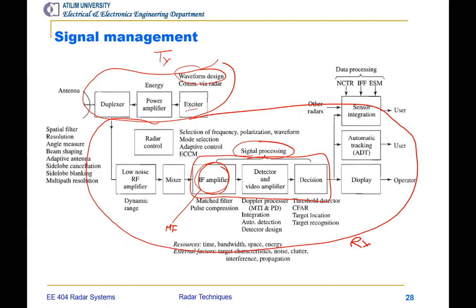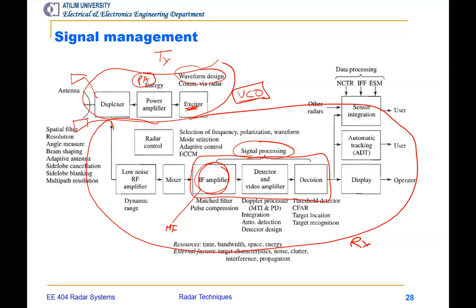And we have an exciter, simply a waveform. In our laboratory activities, you can remember a voltage controlled oscillator, for example. And then we got a power amplifier here from the laboratory, the modular radar that we have built up in the laboratory. And then the duplexer, we did not use duplexer, of course, we used two antennas, okay? One for transmit, one for receive.